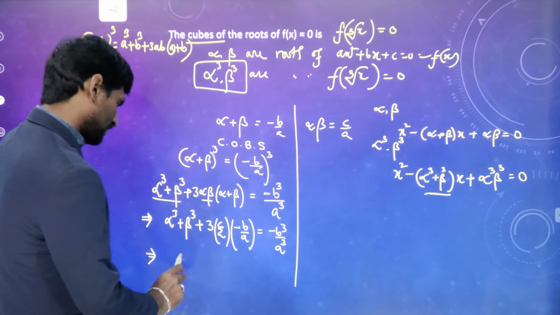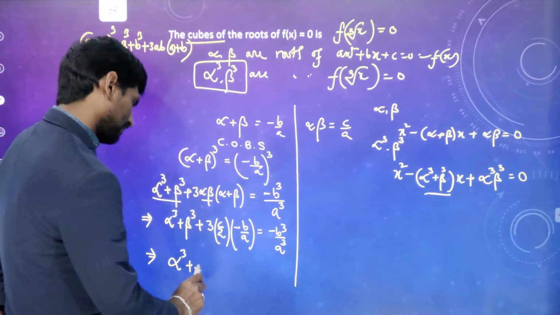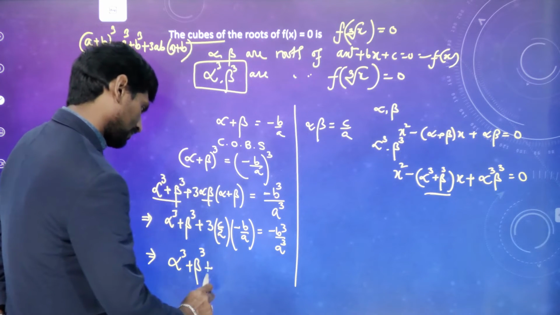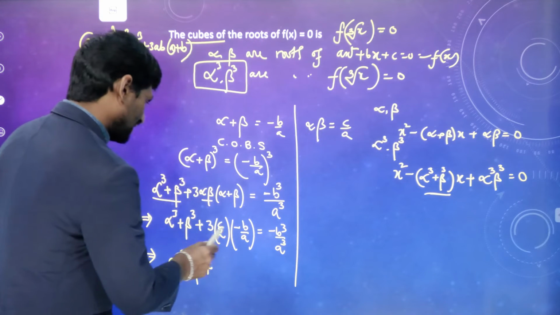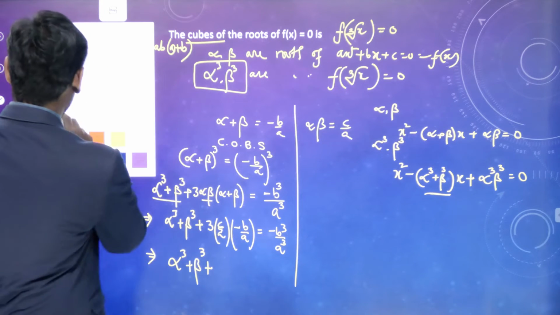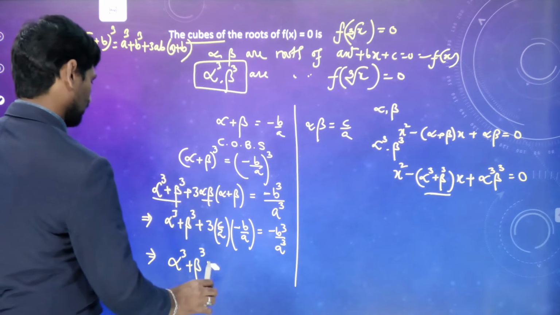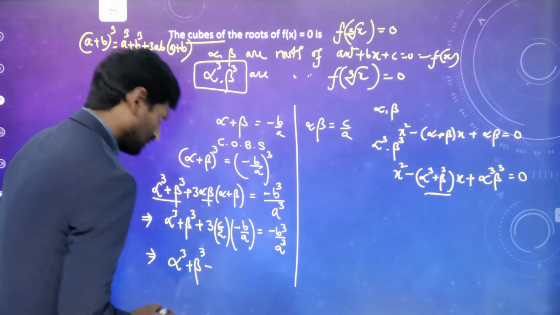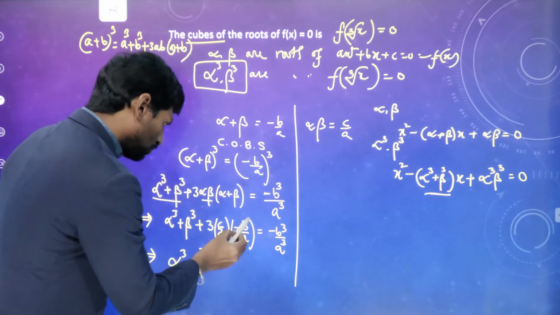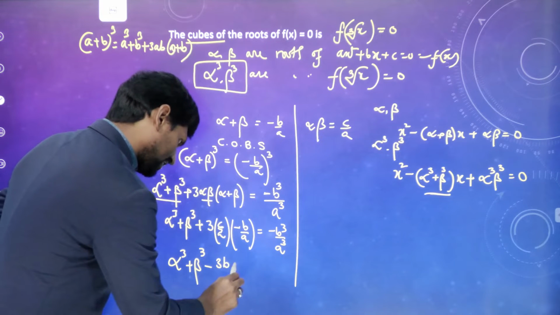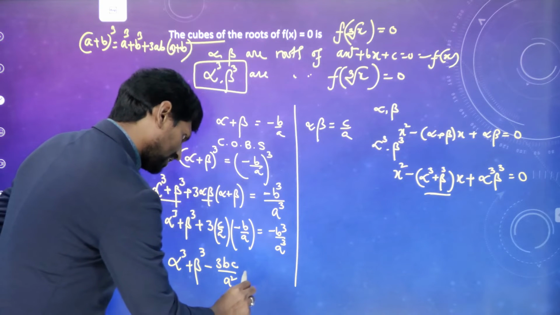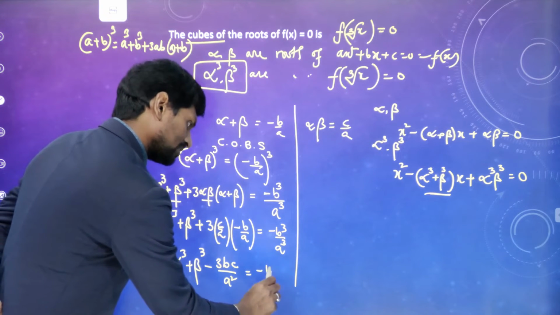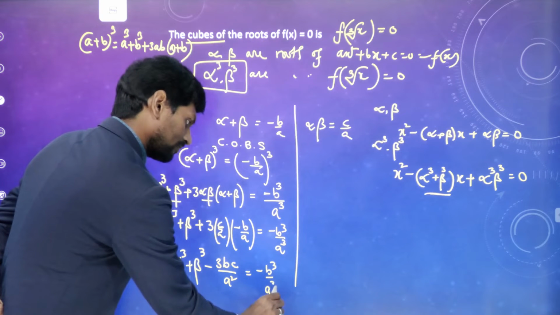Now alpha cube plus beta cube value is the same. Now multiply. Here plus into minus becomes minus. Numerators 3 into bc, so 3bc by a into a square, that equals minus b cube by a cube.